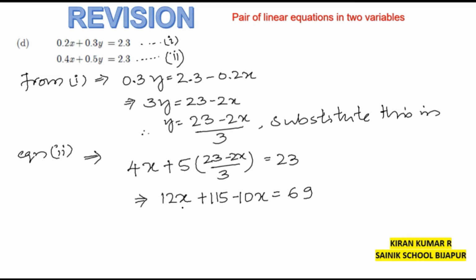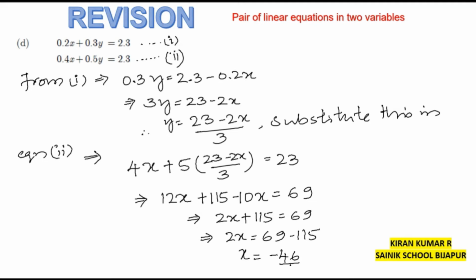This 12x minus 10x will be 2x plus 115 equal to 69. Therefore, 2x will be equal to 69 minus 115. So x will be equal to minus 46 divided by 2, nothing but minus 23.